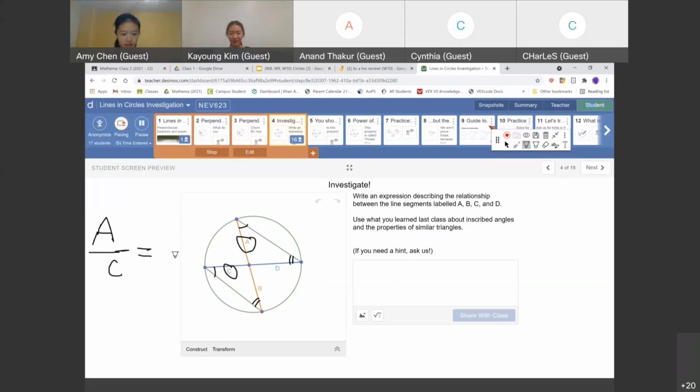These sides correspond to each other because they're sharing this angle across. So we can solve A over C equals D over B. This is what we would do if we were to solve for one particular side of the triangle. Does everyone know how we got that, or does someone want us to go over how we got this again?